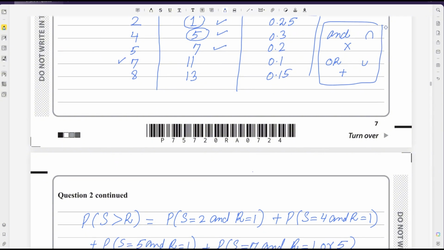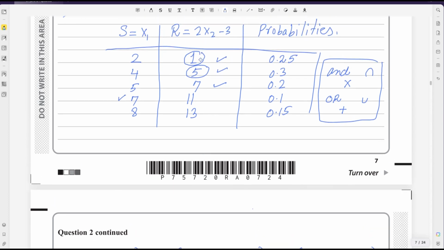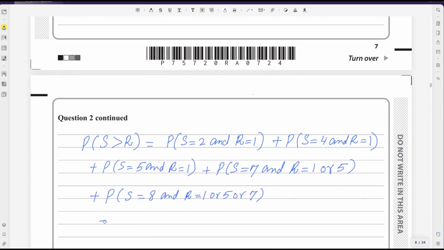Okay. So write the probabilities for S equals 2 and R equals 1. When S equals 2, R equals 1, each probability will be 0.25, because there is an and. We will multiply 0.25 by 0.25. So probability for S equals 2 and R equals 1 will be 0.25 multiplied by 0.25. So these are the probabilities for this situation.